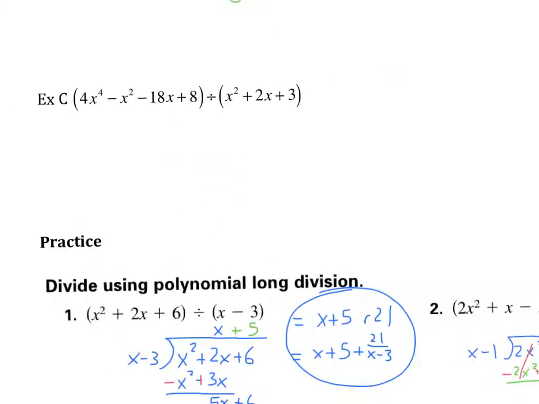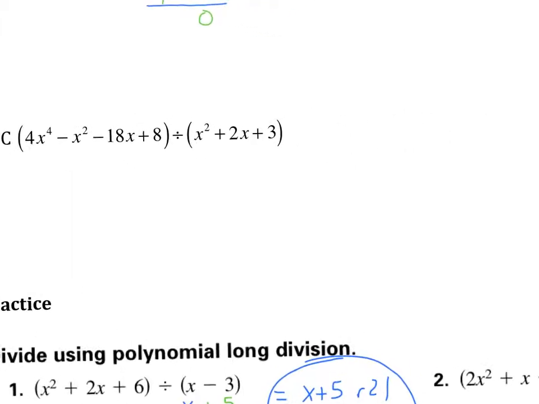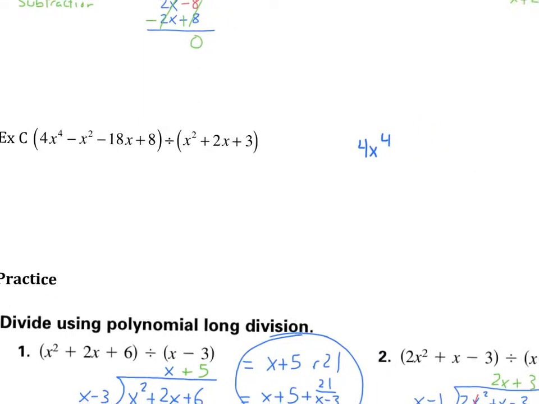Okay, so my dividend goes inside the box. So let's put 4x to the 4th. Now here, pay attention up here real quick, notice what is not in between here. Since I do not see a cubic term, I am going to write the cubic term, but with the coefficient of 0.